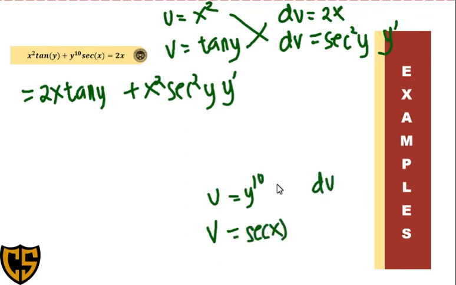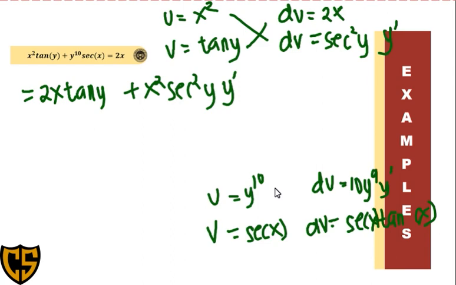So du is the derivative, which is 10 y raised to 9. We differentiated y, so that will be y prime. Then the derivative of secant x, so dv is secant x tangent x.